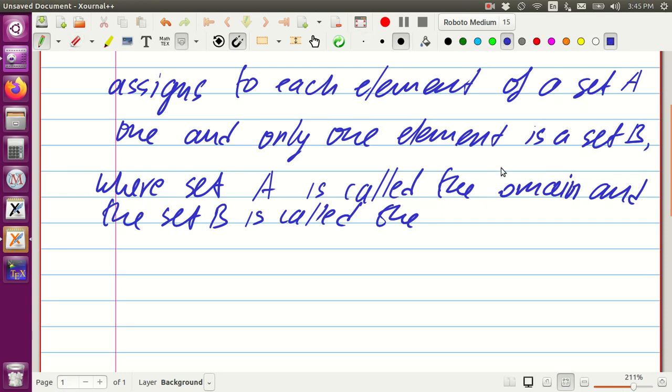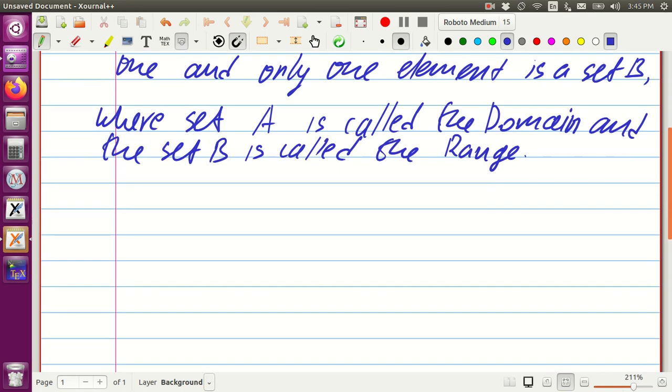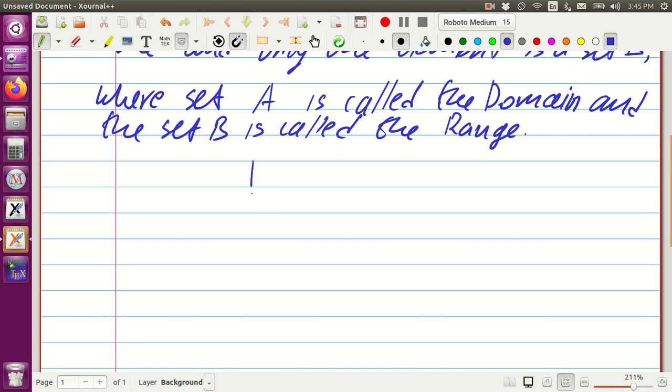Maybe uppercase T and uppercase R. So basically, the first type of explanation that we should give is to say that function works like a black box.